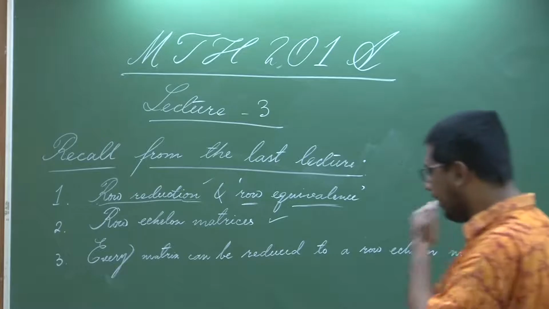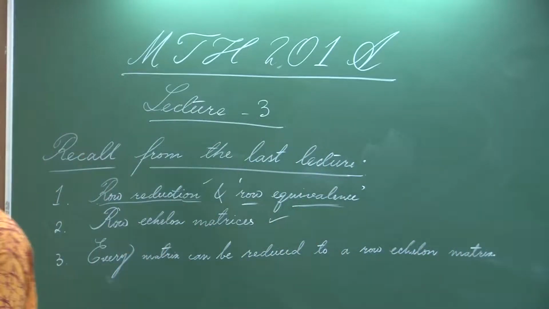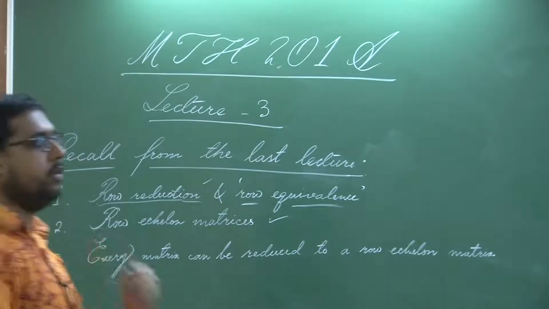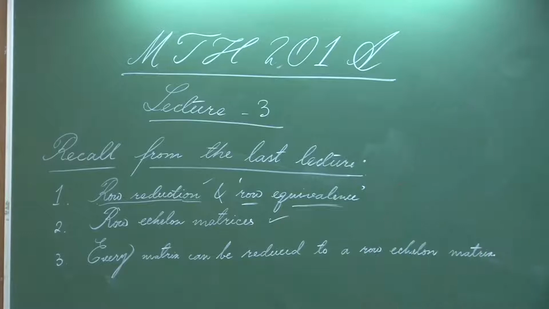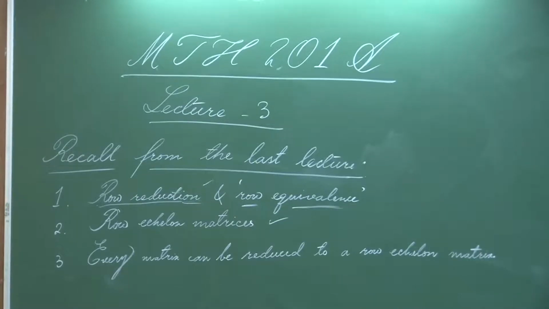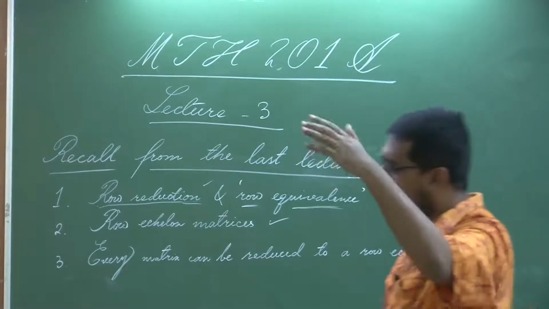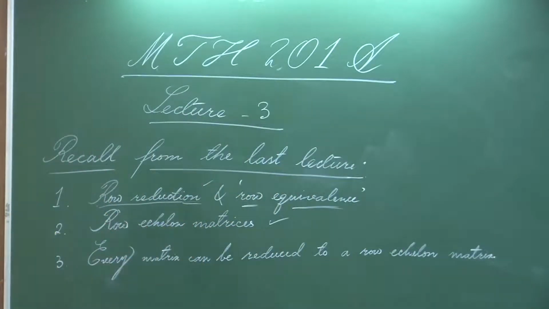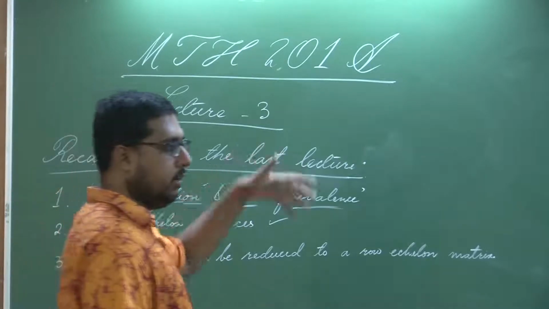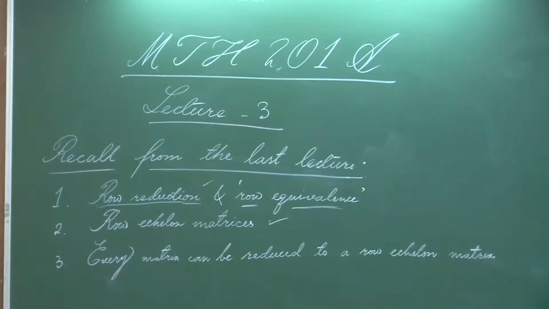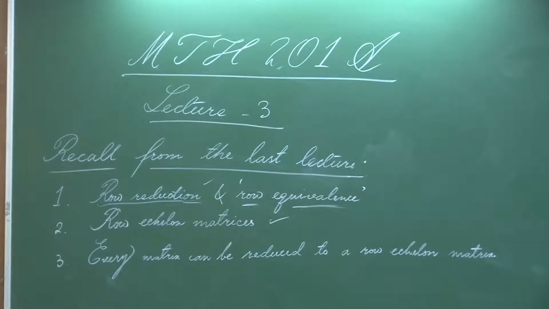The main motivation for considering the row echelon form or row reduction is that we would like to solve a given system of equations. Given a system of equations, we consider its augmented matrix and then reduce it to a stage, and here the stage will be a row echelon matrix, which is equivalent to the augmented matrix associated to the given system.